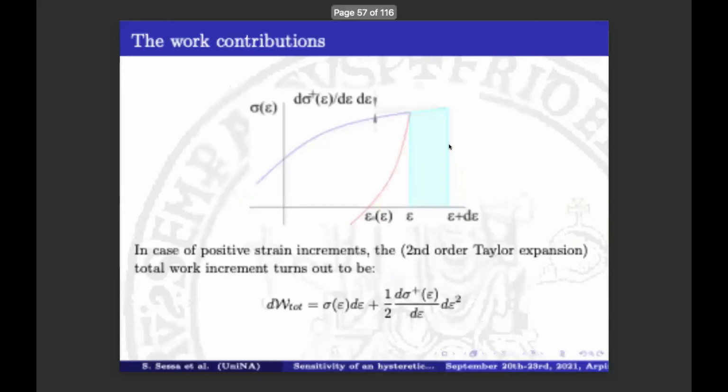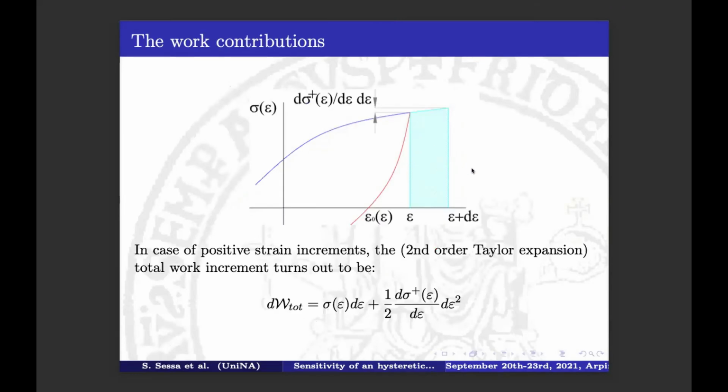But if I have positive rates of the strain, then things are a little bit more complicated, because I have to estimate this area by introducing a little increment of the strain. This increment of total work may be computed by a second-order Taylor expansion.